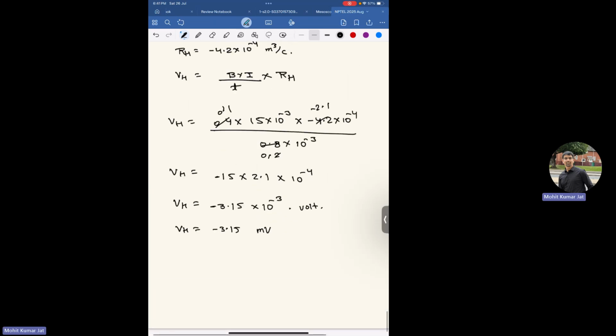Which is, what will be the relation between the hole mobility and the hole coefficient.